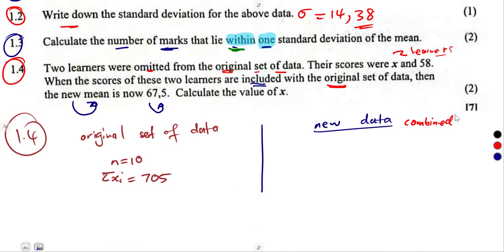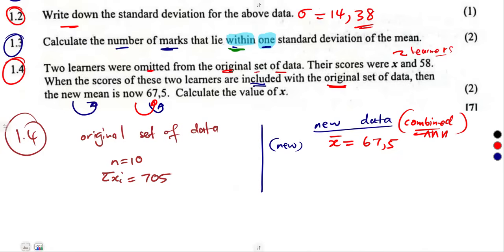They combined the original and those ones that were being excluded before. So on that combined situation, we are told the mean. The mean of that combined data is 67,5. That is the combined mean, which is the new mean.